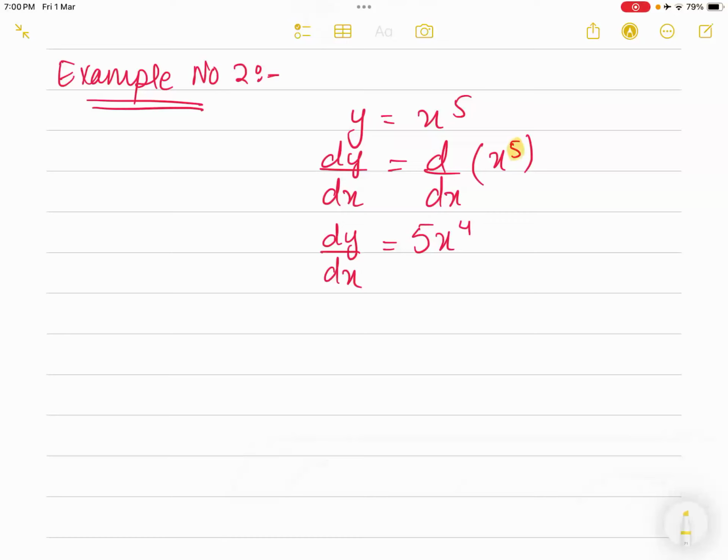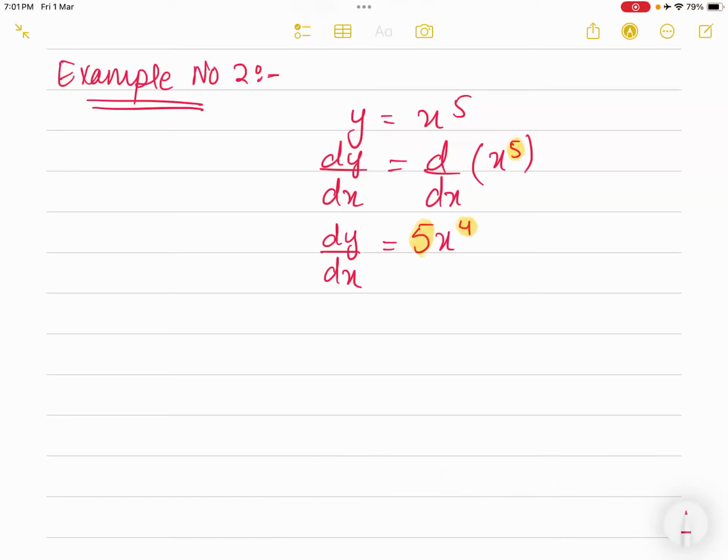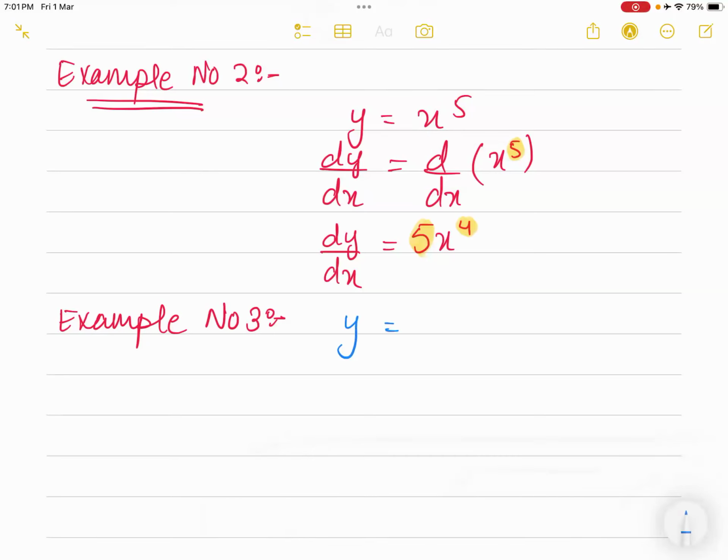See, power comes down and subtract 1 from the power. Got it? Now, for example, if y is equal to x power 7, what would be the derivative? 7x power 6. Well done. Okay, so that was rule number 1.